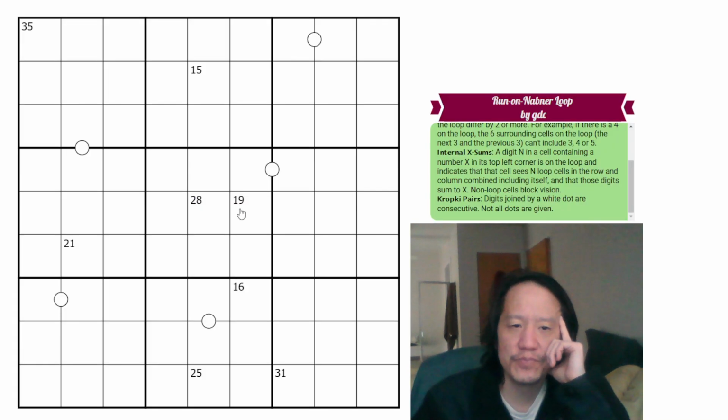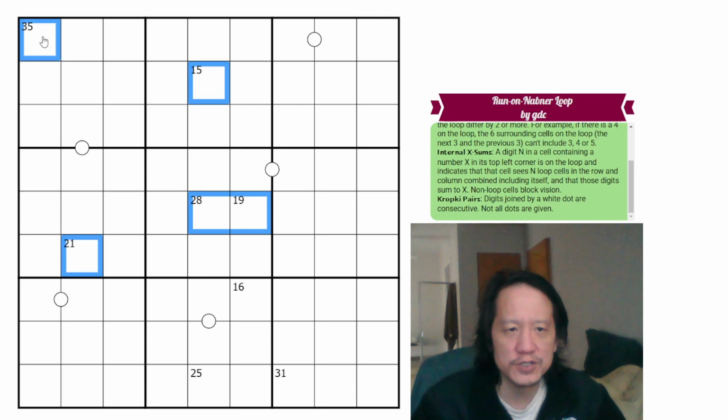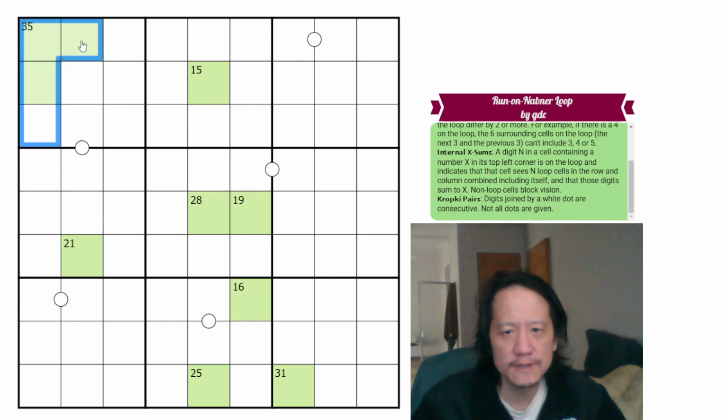Let's go. So we know all the cells with numbers in the top left corner must be on the loop. Now, to get on the loop here, again, we're assuming it's orthogonally connected, because I think that's the only way that I've seen loops work, that they have to be orthogonally connected.